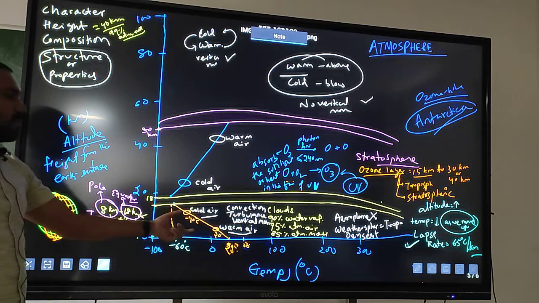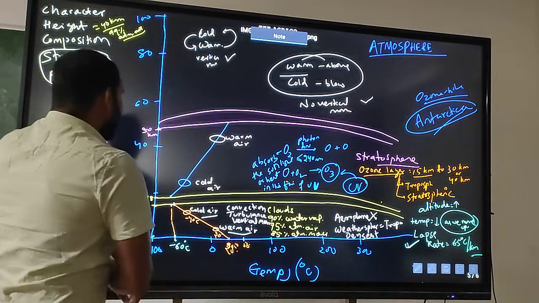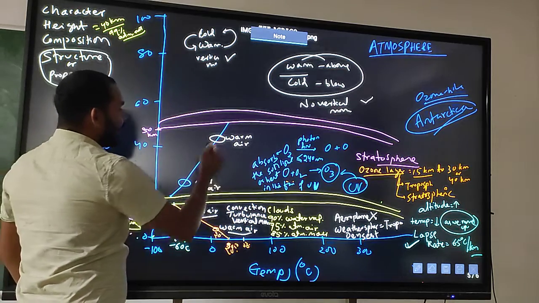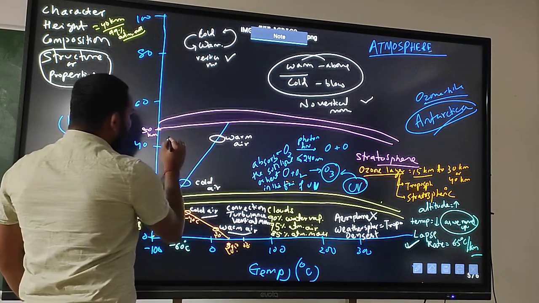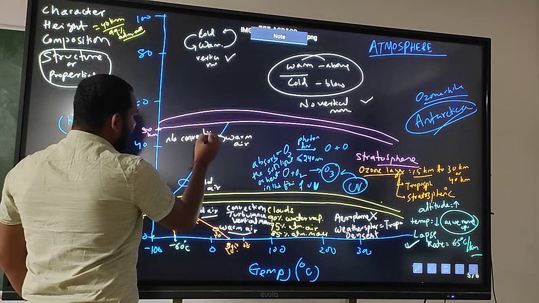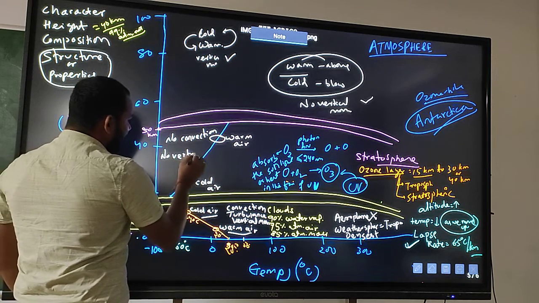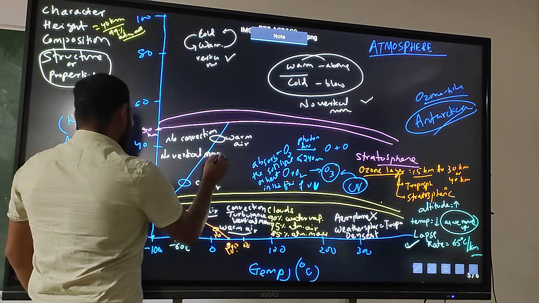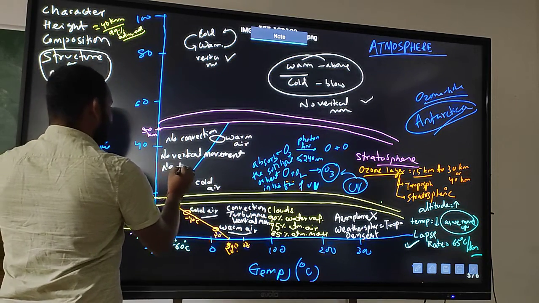In the troposphere, warm air is present below and cold air above, so there is vertical movement. So turbulence is there, and an aeroplane cannot move smoothly. But here in the stratosphere, cold air is present below and warm air is present above. So there is no convection, no vertical movement, no turbulence.